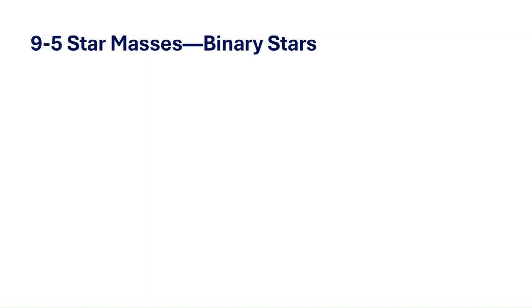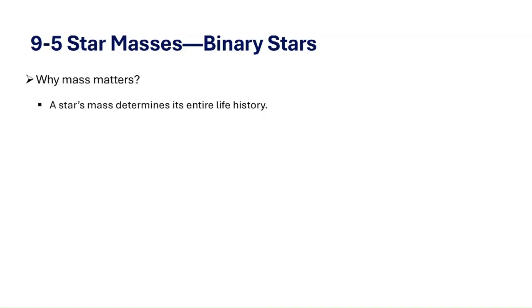So let's start by talking about why a star's mass is so important. Mass is really the key property that controls a star's entire story from birth to death. Now, a star's mass determines its full life cycle. In other words, whether a star is small, medium, or very massive completely changes how long it lives and what happens to it.